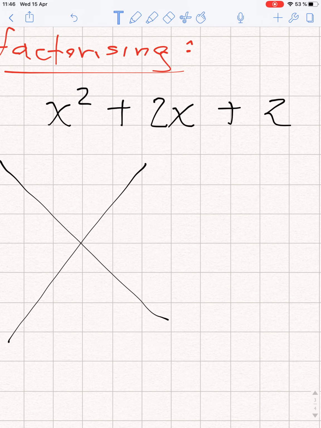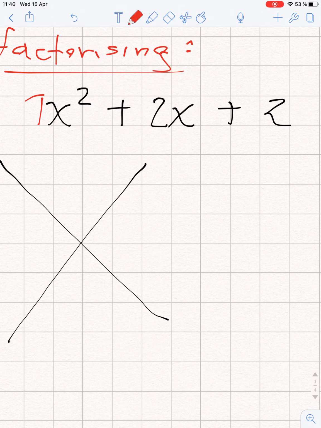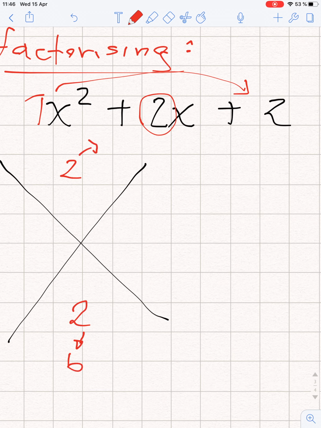The idea is multiplying the values. In this case it is 1 times 2. That means a times c is 2. And taking the value for b below. This is b. And this 2 is the product of multiplying a times c, okay?